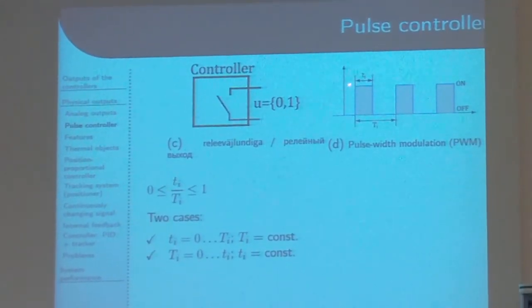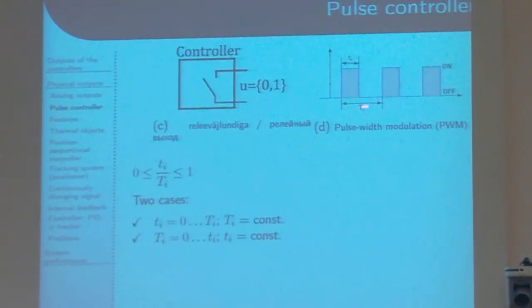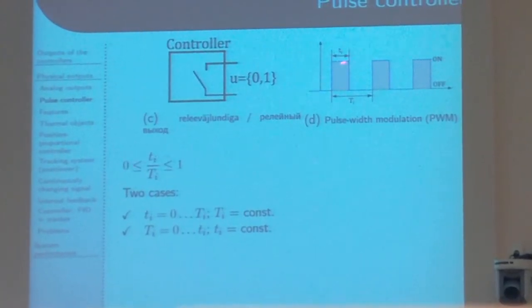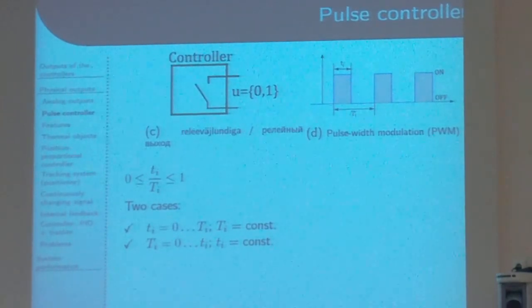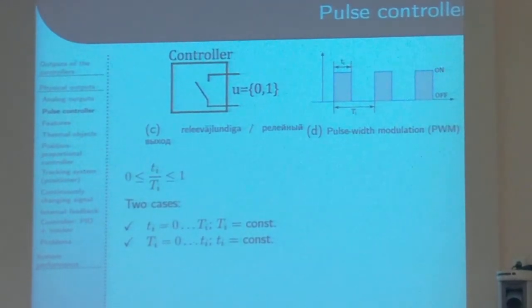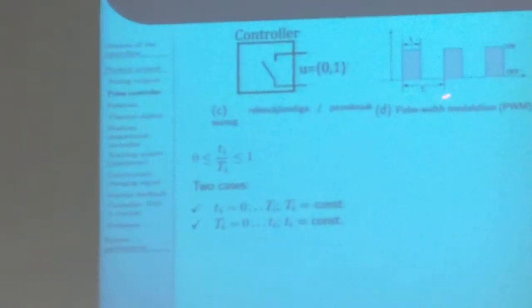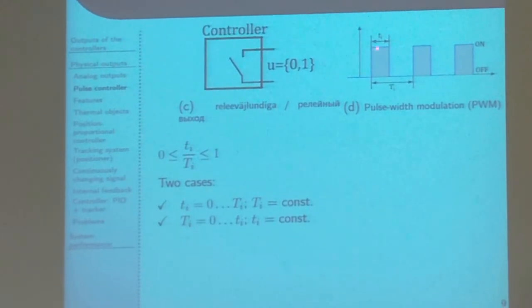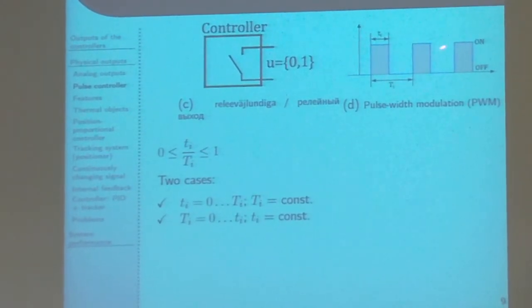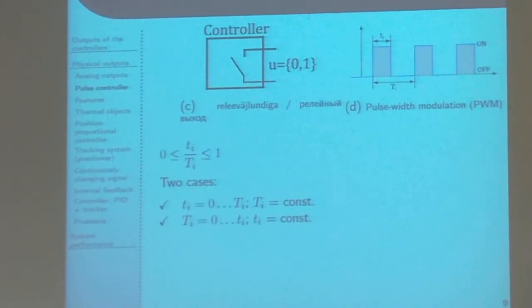During this pulse we have 100%, and depending on the width of that pulse, we can obtain the value we would like. If we would like to obtain 70% of the controller output, that means that during this CP control period, 70% of the time our output will be 100%, and only 30% of the time we will have 0.